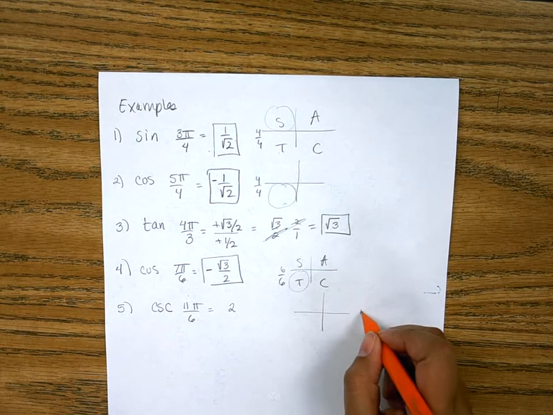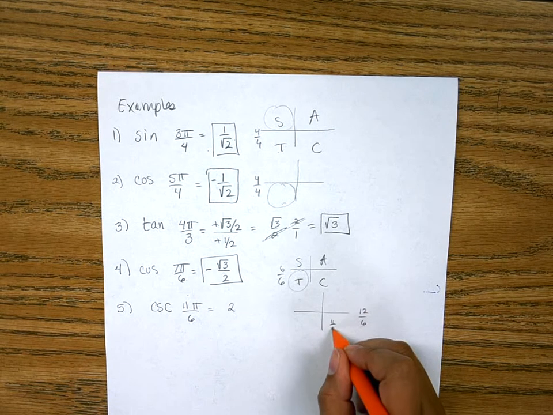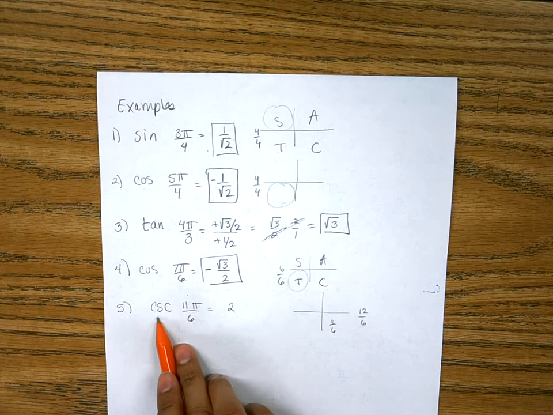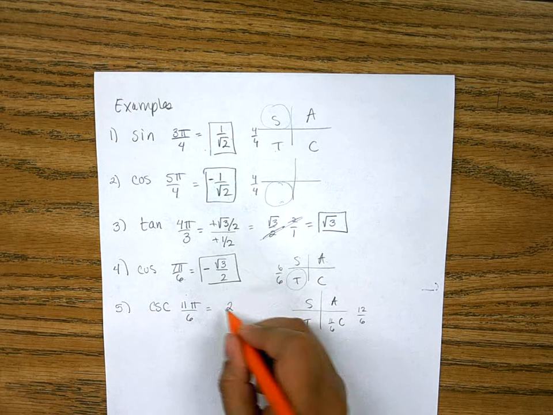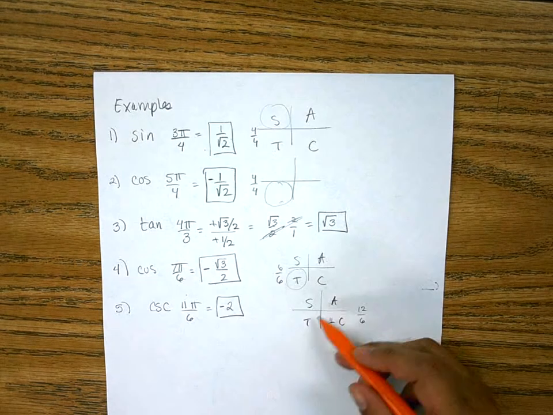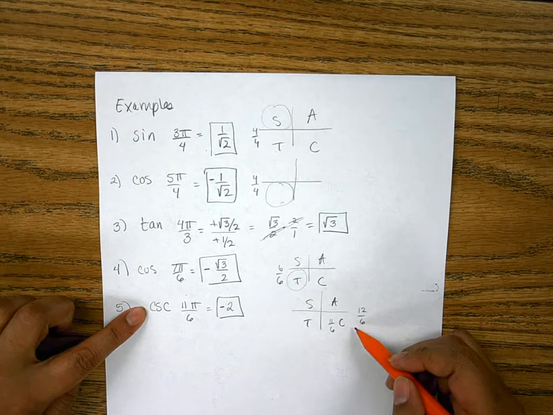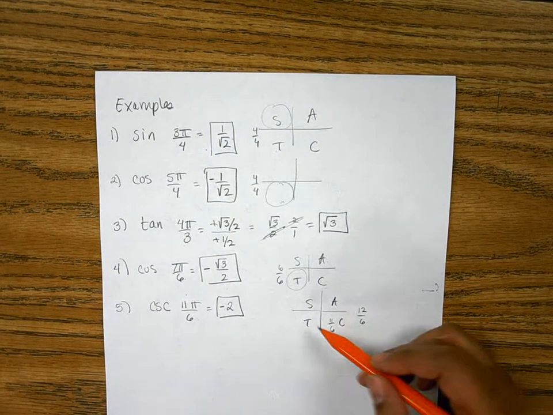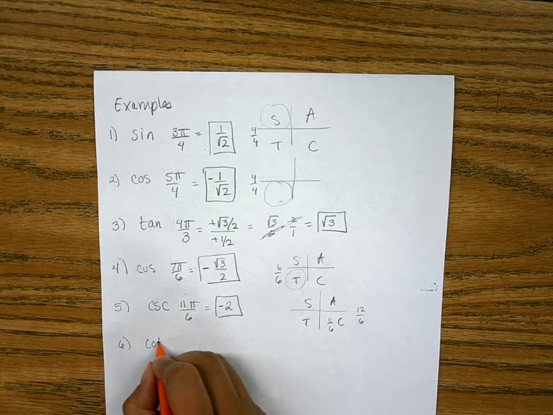Don't forget to keep track of positive or negative. This is 12 over 6, so 11 over 6 would be here. All students take calculus. It is going to be negative. Negative because cosine's the only thing positive here, and cosecant is not the reciprocal of cosine.